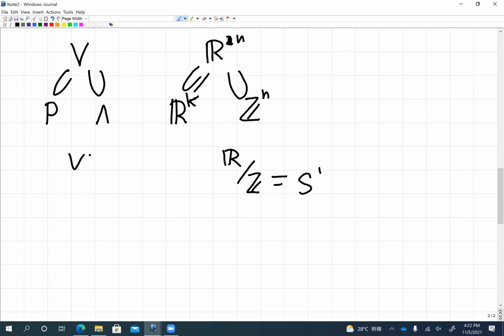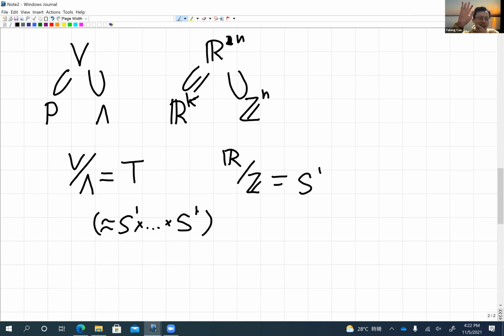Or in general, you look at the vector space quotient by the lattice, which we call a torus, and the behavior in high dimension just looks like n copies of the circle together. So you can look at a torus, and then you look at the dual torus.